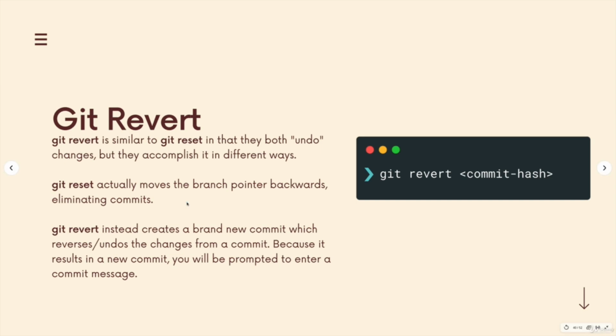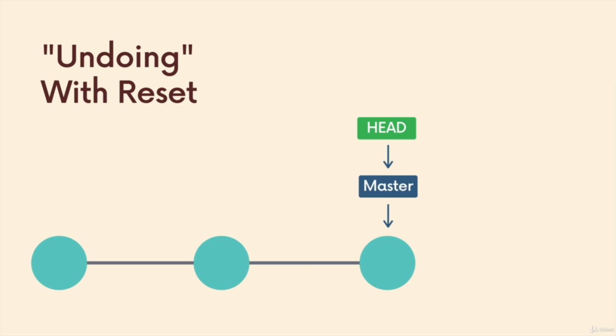So it still helps us undo changes, but it makes a new commit that basically says undoing changes. Instead of just deleting everything and deleting history, removing commits, that can be a problem if you're collaborating with other people. So at the end of this video, I'll explain why you might use revert or reset, vice versa.